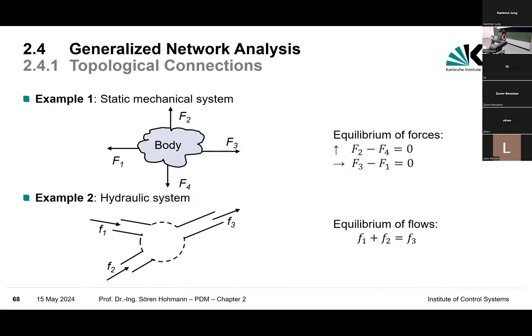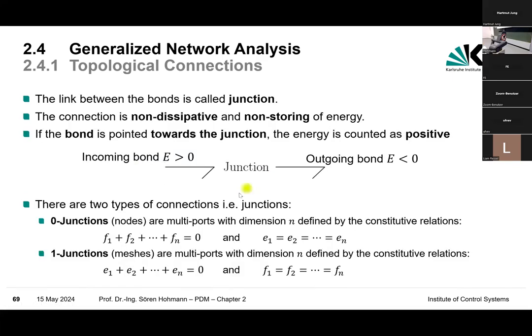Let's have a look here. If you multiply everything with the same speed, then obviously the power in is equal to the power out. Usually we know that there are two Kirchhoff's laws. Remember, there is the voltage law and the current law, and the current law is what I've shown here.